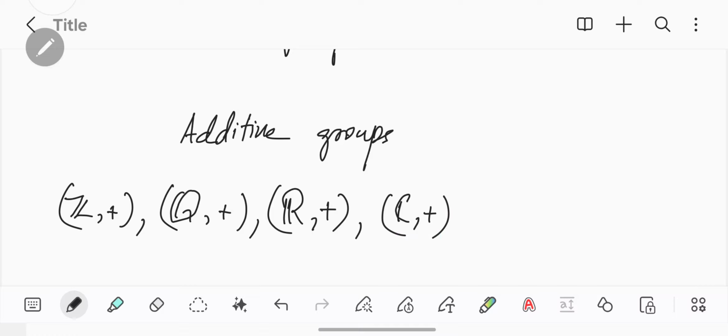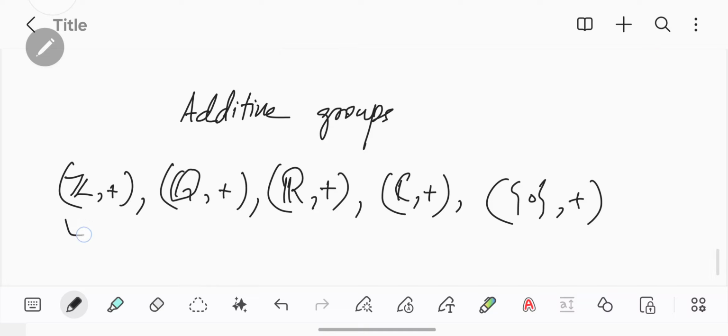It's also a group with respect to addition. Another very interesting group is just this set. It is also a group because it trivially satisfies all the properties. I should write with respect to addition. So this is a group. A group of a single element is called the identity group, right? So they are all commutative additive groups.